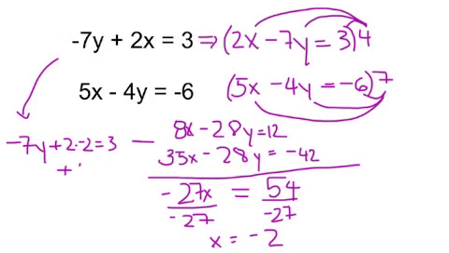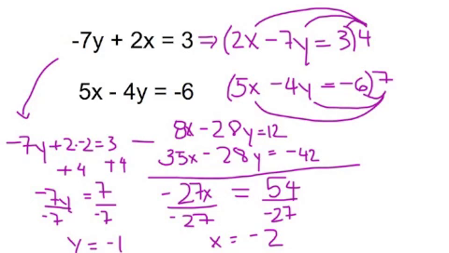I'm going to add 4 to both sides. So that will give me negative 7y is equal to 7. Dividing both sides by negative 7, y is then equal to negative 1. So the intersection point between these two linear equations is at (negative 2, negative 1).